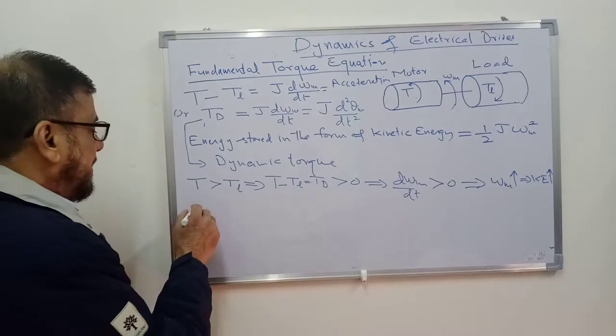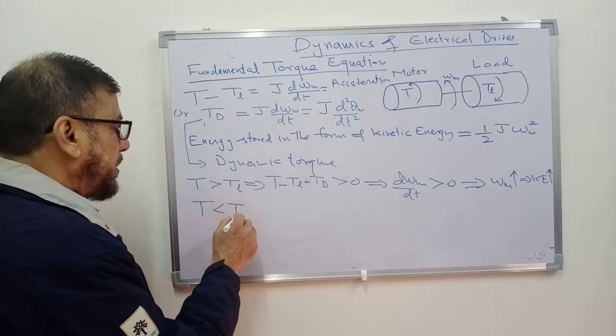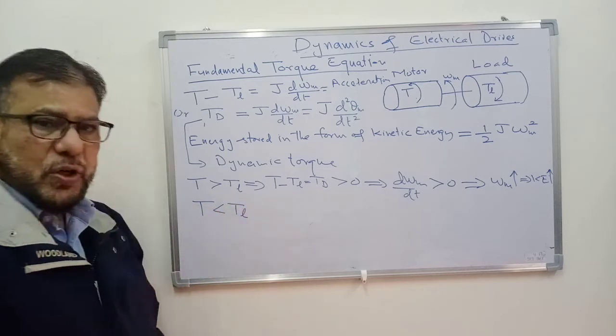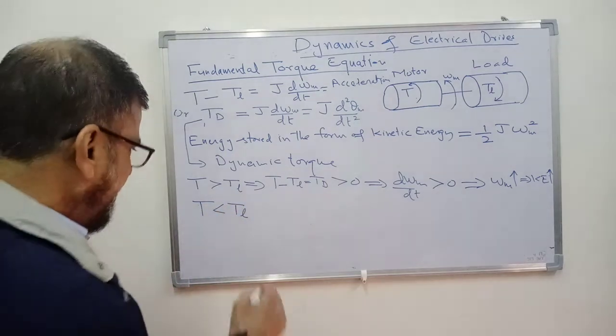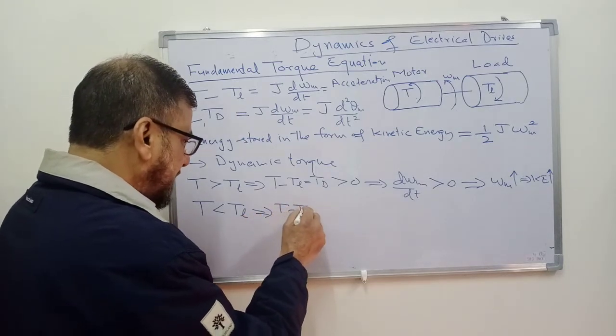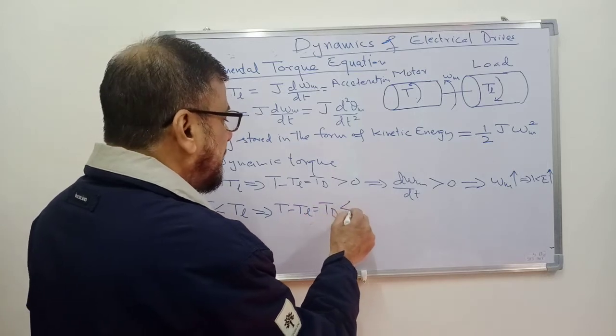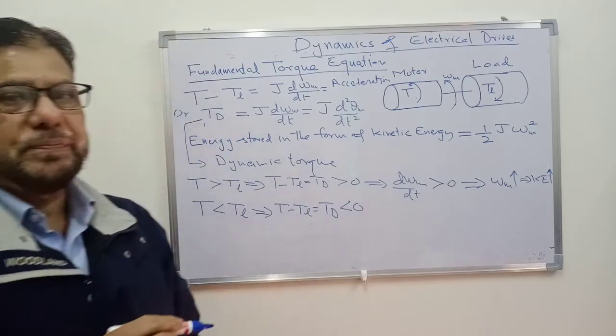On the other hand, take the second case, when the motor torque is less than load torque. This implies that T minus TL, that is the dynamic torque, is less than 0.